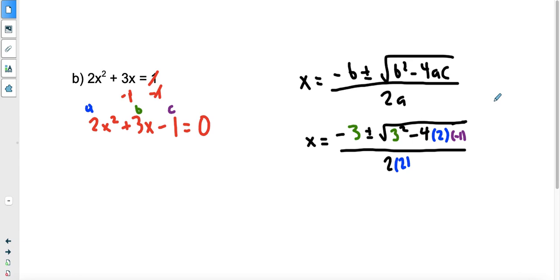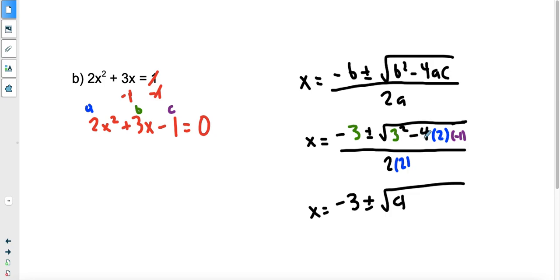Okay, and now all I have to do is simplify this. So I'm going to get x is equal to -3 plus or minus the square root of 3 squared. Okay, 3 squared is 9.